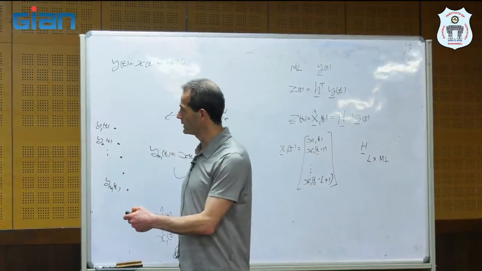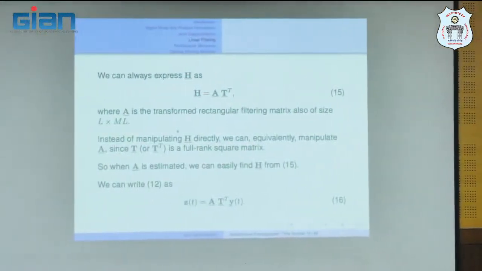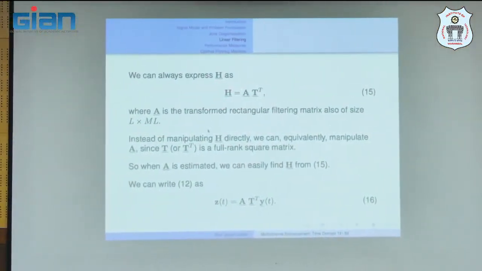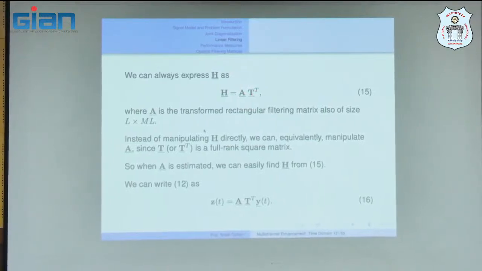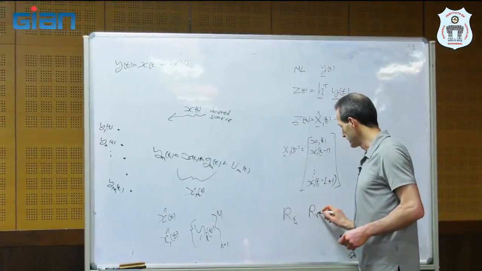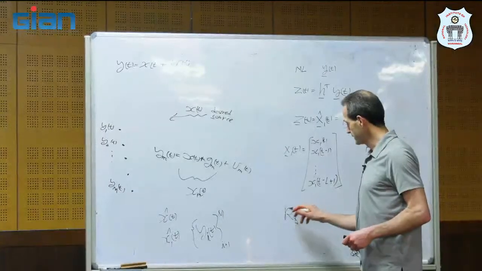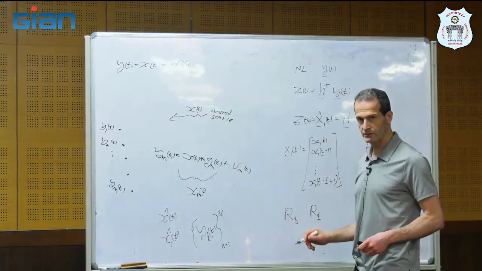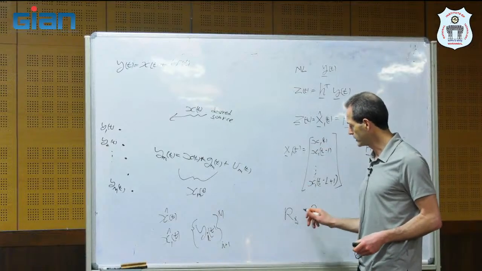Instead, we transform everything using this matrix T. And I remind you, the columns of the matrix T are the generalized eigenvectors. And the generalized eigenvectors depend on the correlation matrices Rx and Rv, because it diagonalizes these matrices. That's why we call it the generalized eigenvalue decomposition.